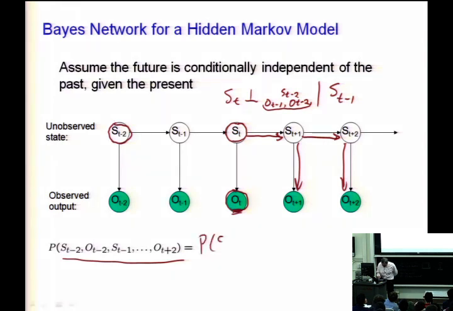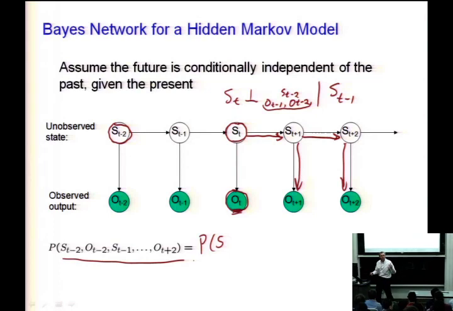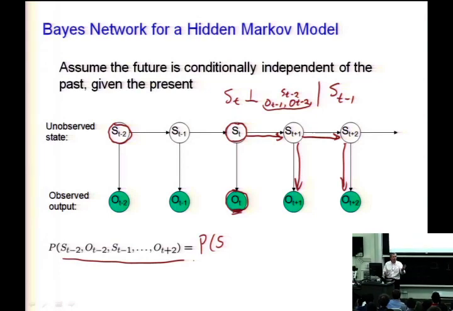So if you tell me I observe these green microphone signals and I hypothesize a sequence of states with this particular sequence of values, then I can figure out the joint probability of that assignment to all 10 of these random variables by factoring it according to my rules.